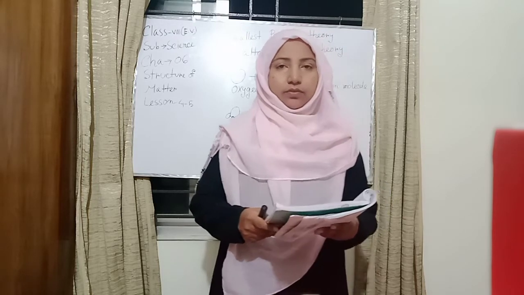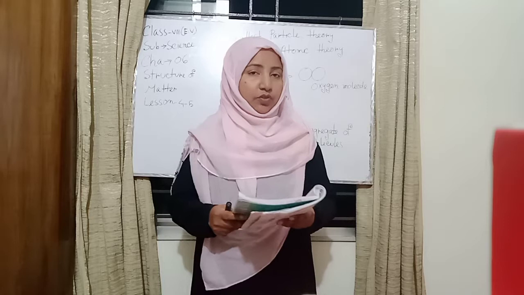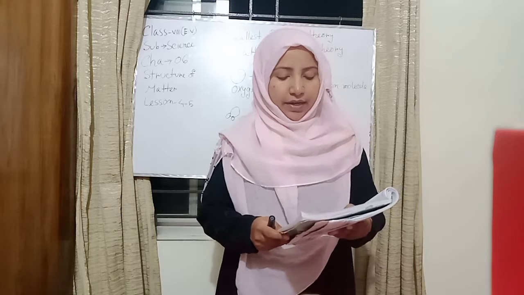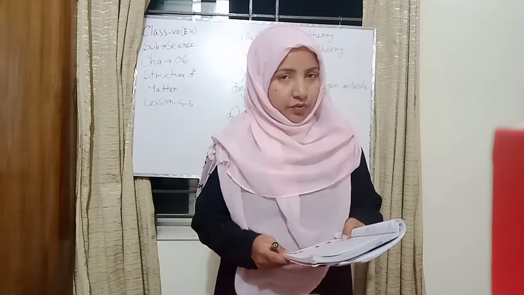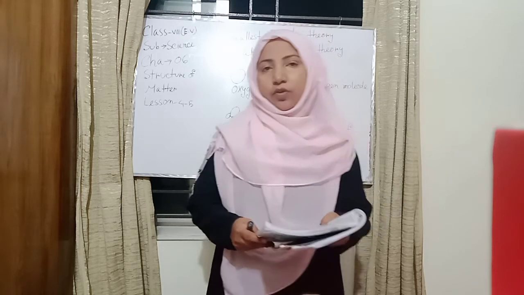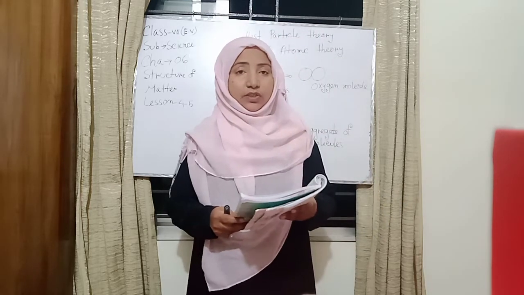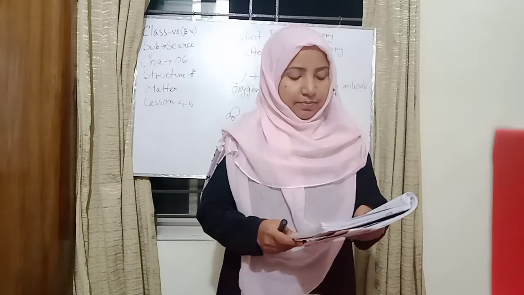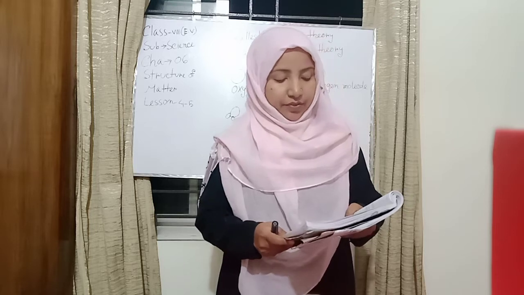According to Dalton, the first hypothesis is that elements are made of extremely small particles called atoms. All the atoms of an element are the same. The atoms of an element are identical in size, mass, and chemical properties.